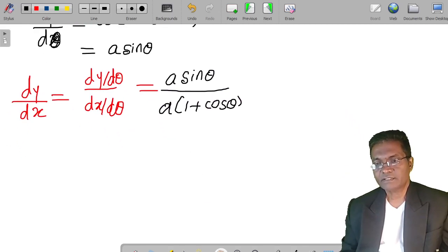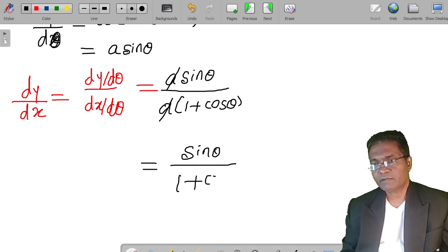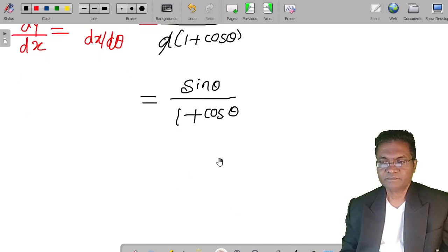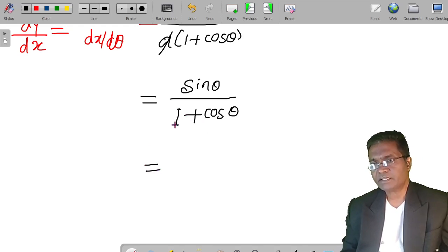Okay. Cancel a, you will be left with sin theta by 1 plus cos theta. Now further you can simplify it. It's a beautiful expression that reduces to one simplest form.